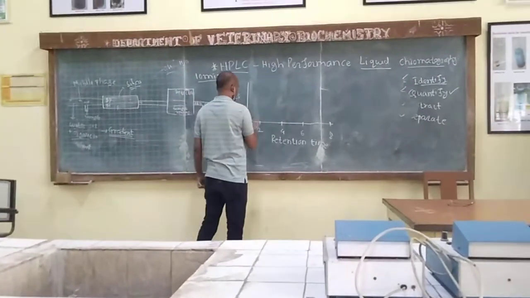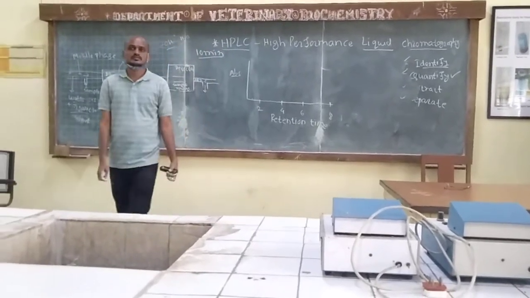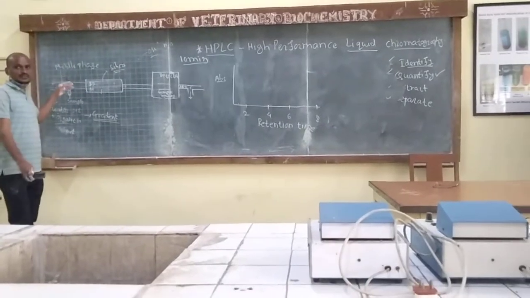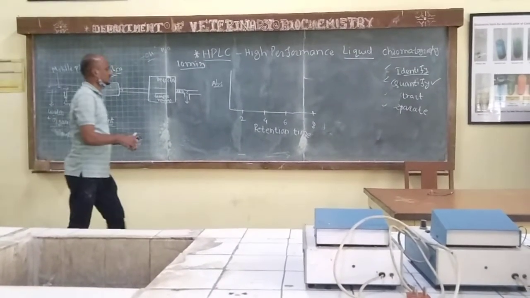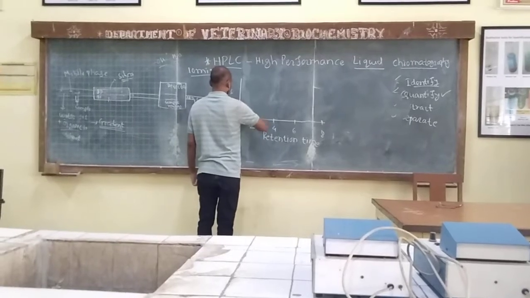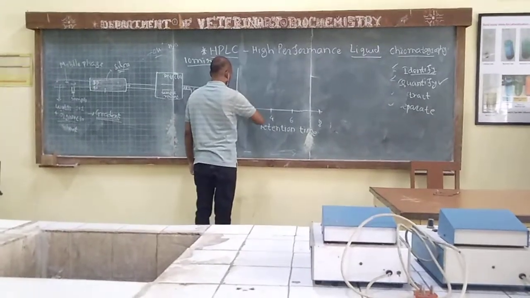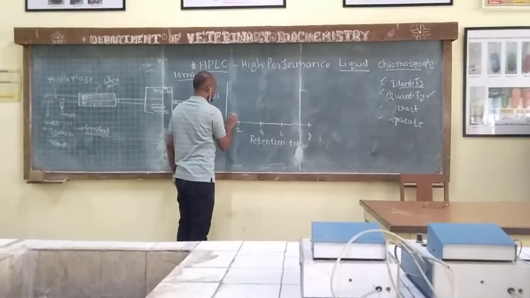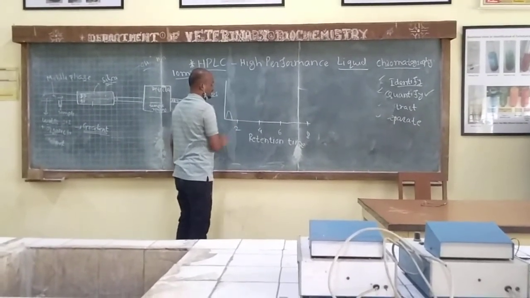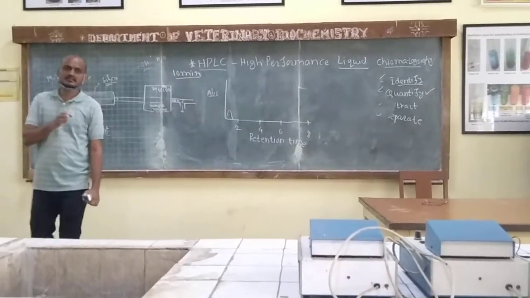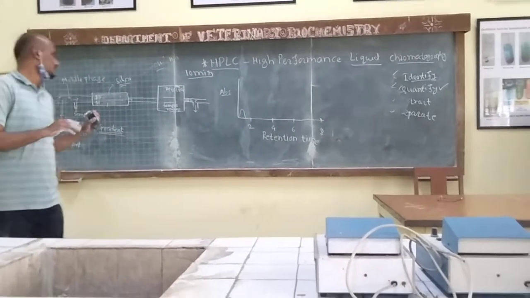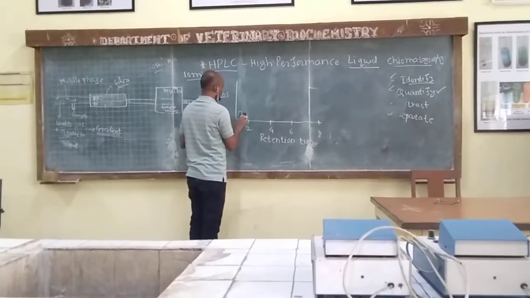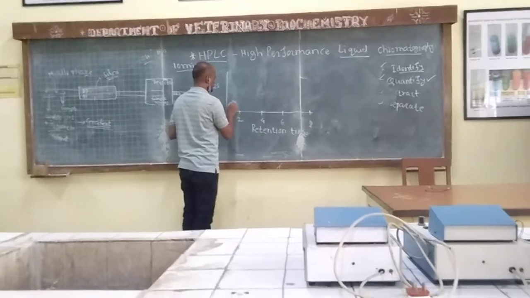Here it is 1 minute, for example. When we say equilibration, when you pass only the mobile phase without sample, you will get one peak here. This is the first peak, which doesn't have any sample. After this peak, we get to know the baseline.